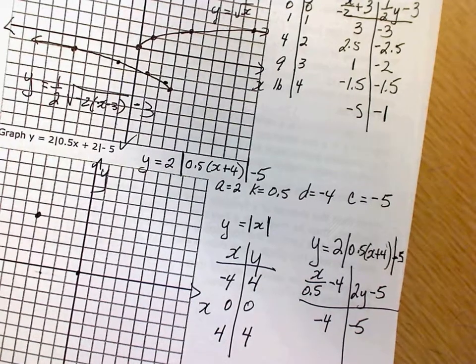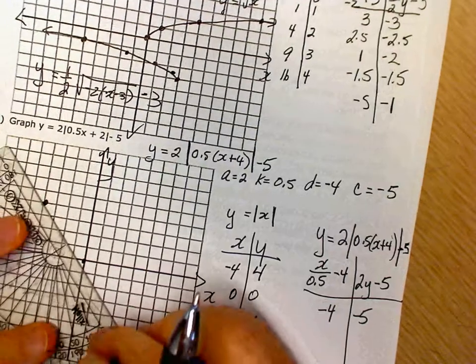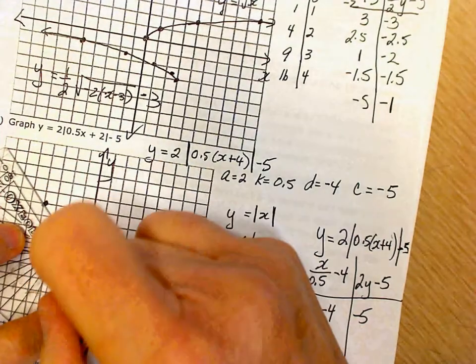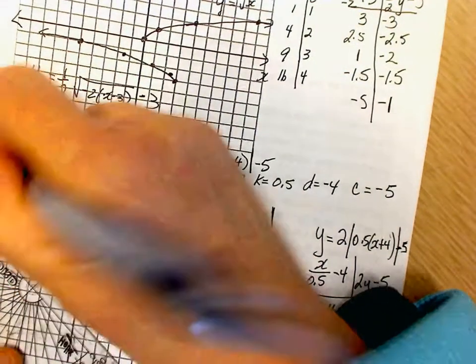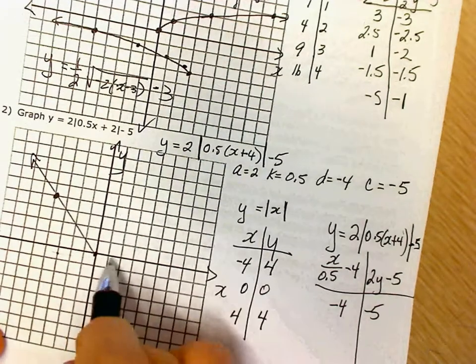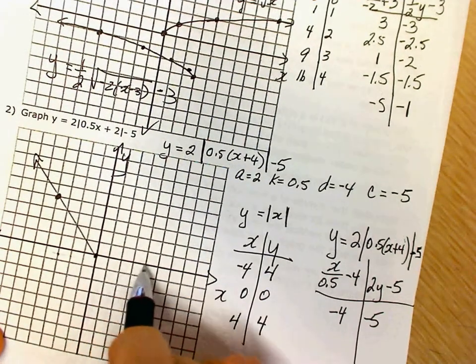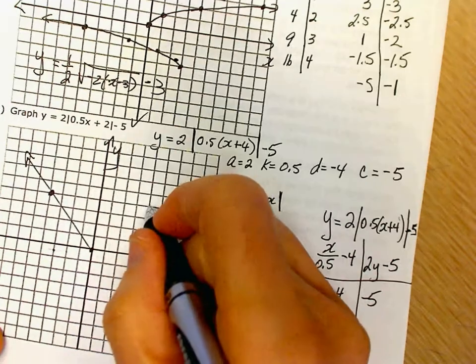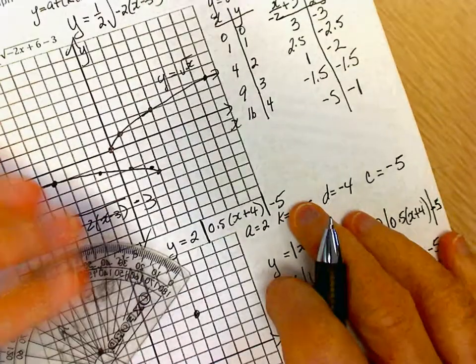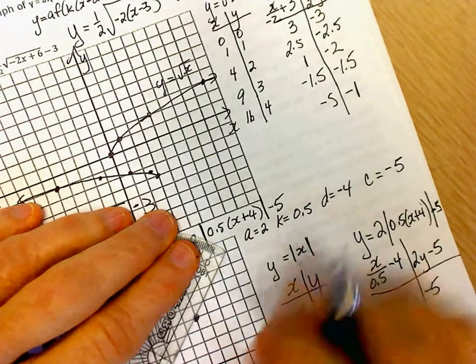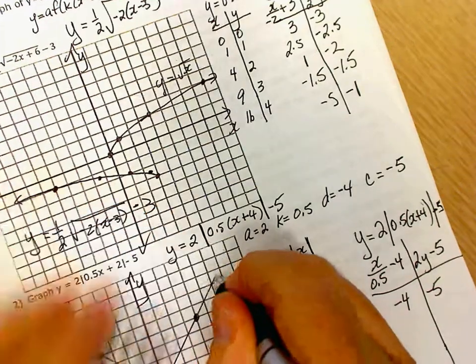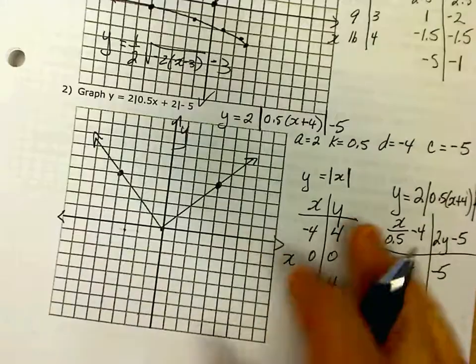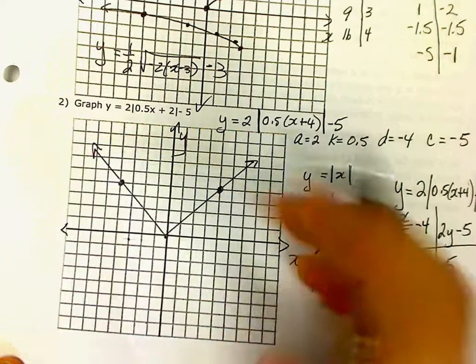I just want a straight edge to make it look half decent. So when x is positive 4, y is 4. 1, 2, 3, 4, 1, 2, 3, 4. Okay, and we just put arrows on the end to indicate it actually goes on for infinity.